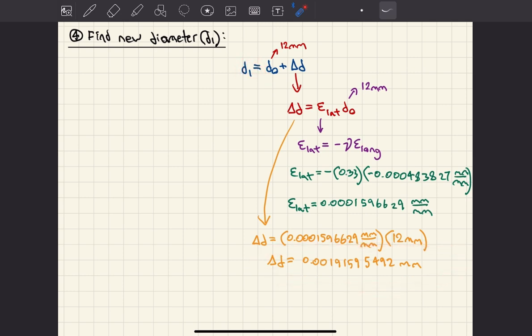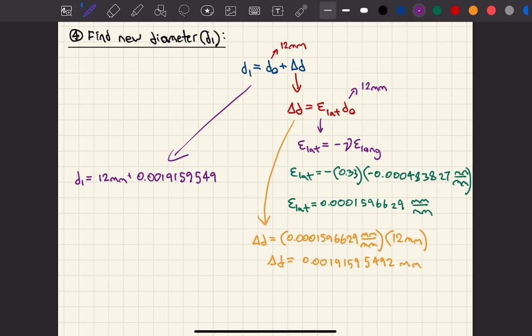And finally, to find my new diameter, I'm just going to add this change in diameter to my original diameter, right? So my new diameter is simply going to equal my original diameter, 12 millimeters, plus the change in diameter due to the longitudinal axial force, 0.001915959492 millimeters.